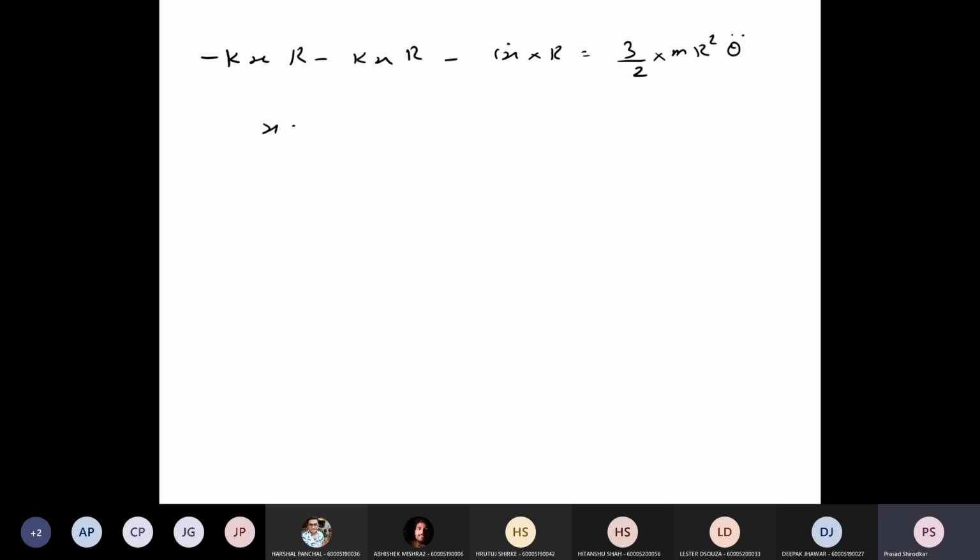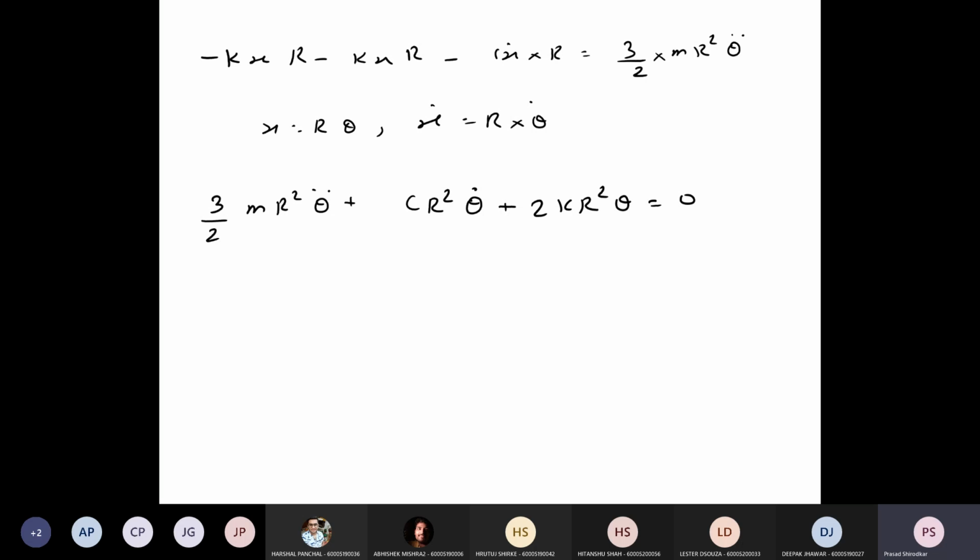So again I am going to substitute x as r theta and x dot is equal to r theta dot, and I will get the equation that is 3 by 2 mr square theta double dot plus c r square theta dot plus 2k r square theta is equal to 0, which is again of the form I equivalent into theta double dot plus c torsional equivalent into theta dot plus k torsional equivalent into theta is equal to 0.